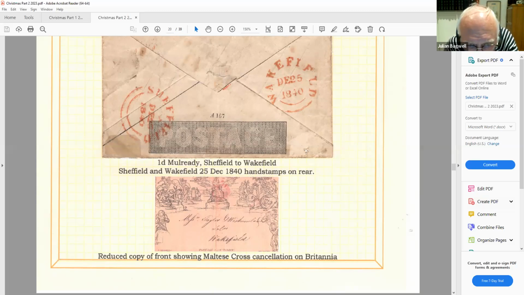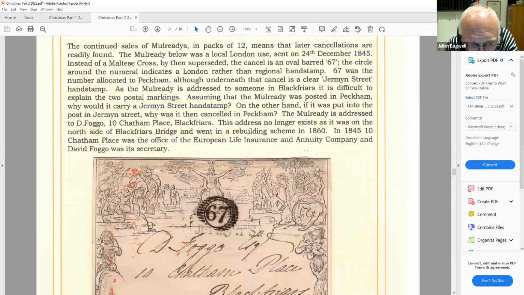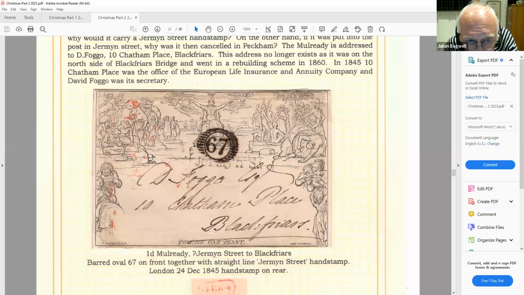I've also got a mulberry with a December the 24th cancel, but I'll show this one because here you get a much clearer idea of the design of the mulberry. This is actually very late, 1845. The mulberries came in 1840, were very quickly lampooned, and in 1841 the pink prepaid envelope was introduced instead.